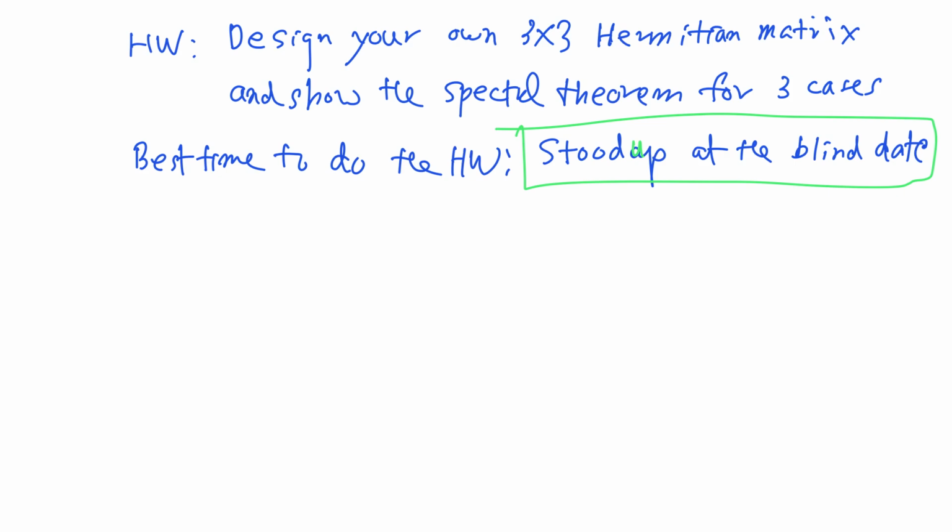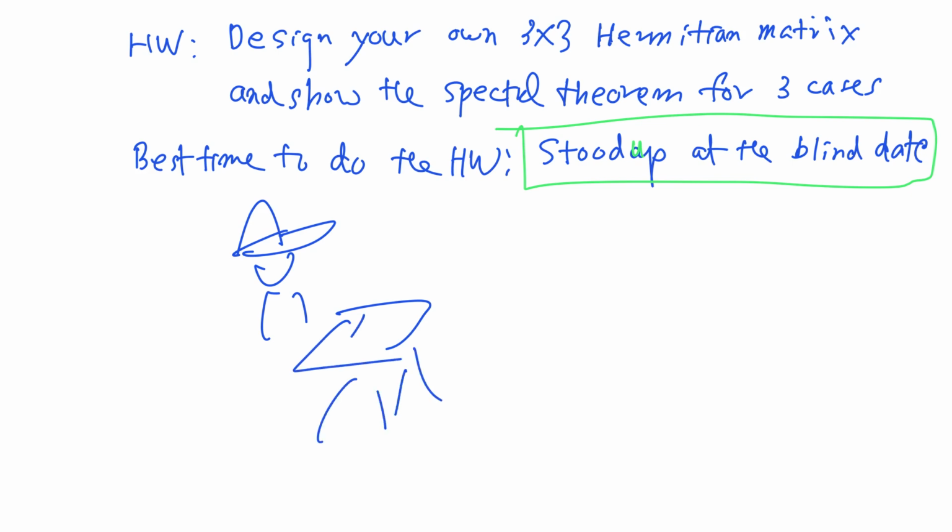Maybe wait for an hour, right? So instead of doing nothing, you can do the homework, sitting at the table waiting for your blind date, and calculate by hand determinant of A minus lambda I. If you decide to wait for 1 hour, maybe you can solve 2 homeworks, maybe a little longer, 3 homeworks.